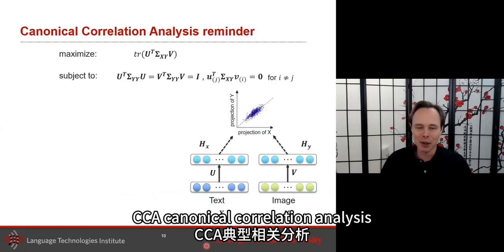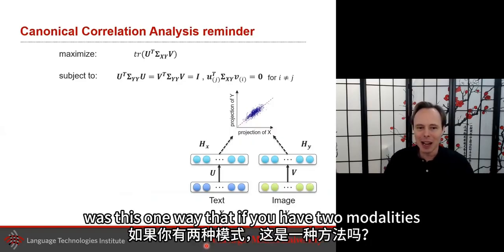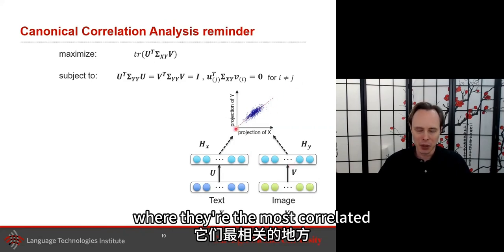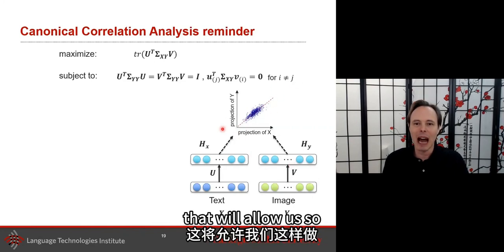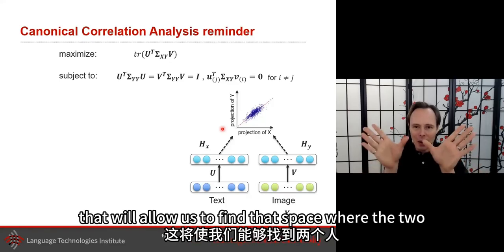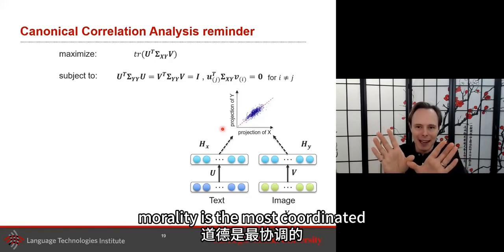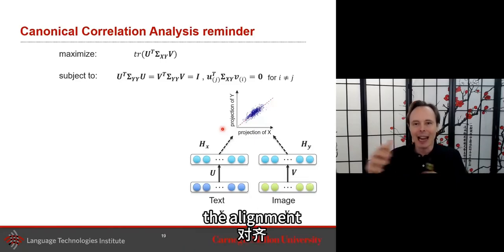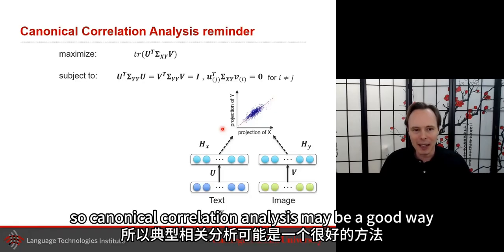CCA, canonical correlation analysis, was one way: if you have two modalities and you want to learn a space where they're the most correlated, that will allow us to find the space where the two modalities are the most coordinated. And then after that, hopefully we can do the matching, the alignment. So canonical correlation analysis may be a good way.